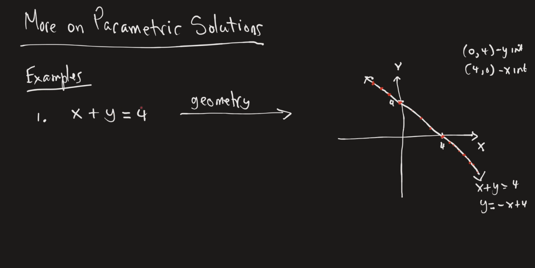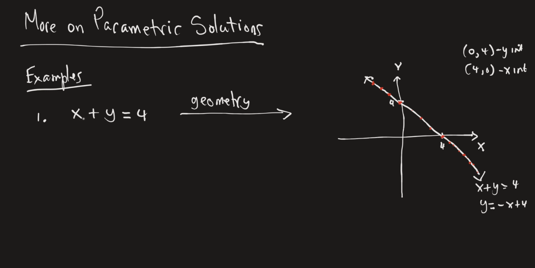So if I wanted you to give me a geometric description of all the solutions to this linear equation, you could just say, hey, here's a picture, and all the solutions are points on this line. But algebraically, what we want to be able to do is to describe all these ordered pairs, not with a graph, but with algebra. And that's where the parametric solutions come in.